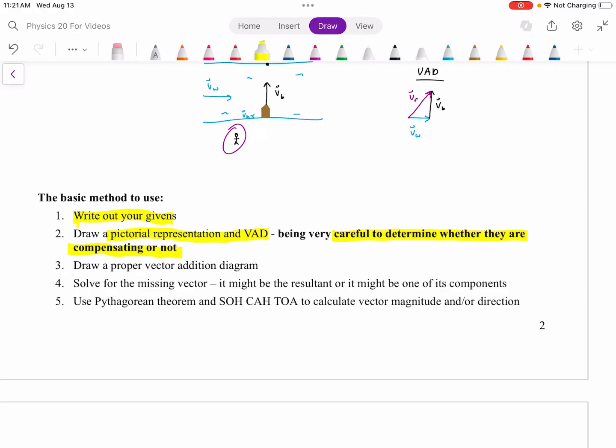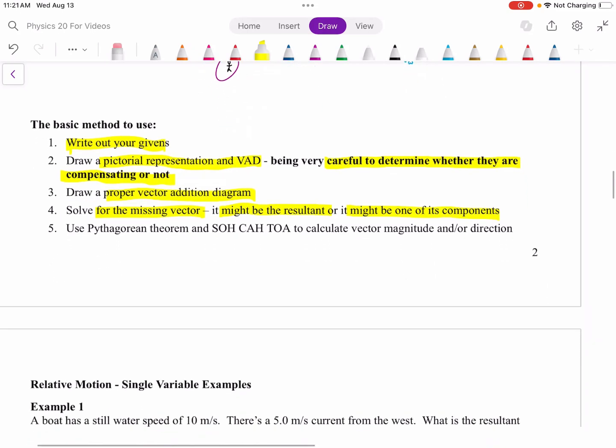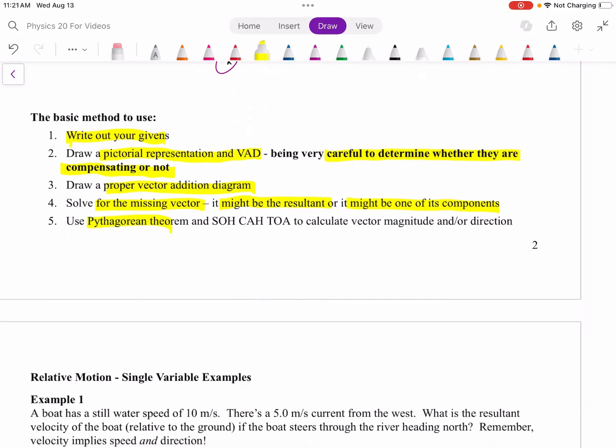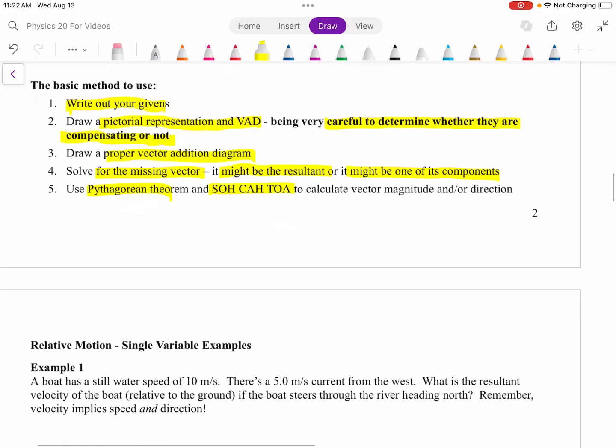Once you draw the diagram, it usually is just a quick matter of some Pythagorean theorem and trigonometry to figure out what you're trying to find. So draw that VAD and then solve for the missing vector. It might be the resultant or it might be one of its components. It might be the hypotenuse, it might not be the hypotenuse, but so much of this boils down to drawing the correct vector addition diagram and finding the unknown vector. Pythagorean and SOHCAHTOA are going to get you where you need to go.